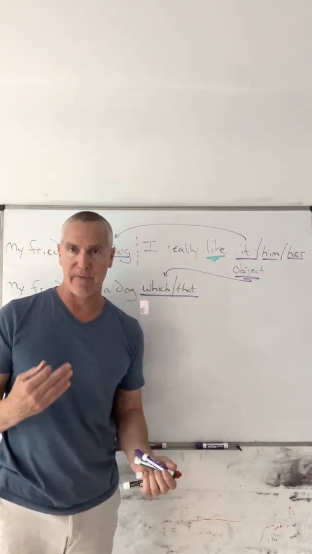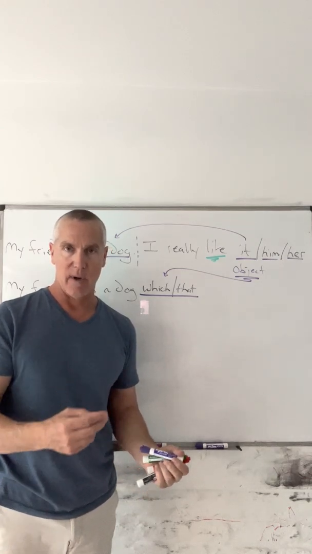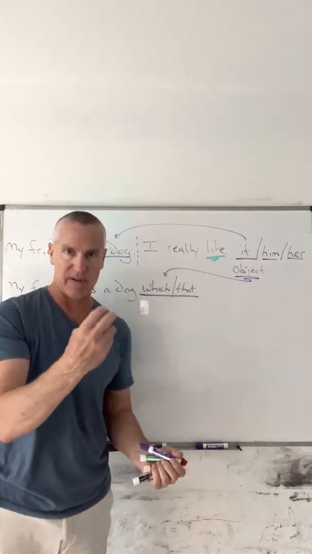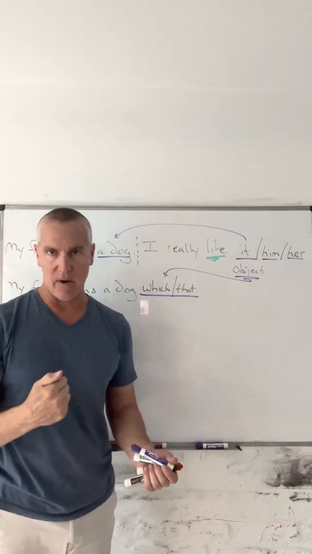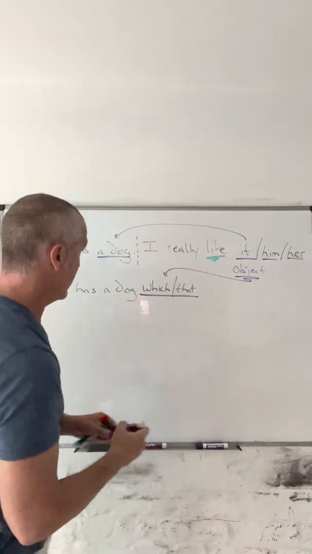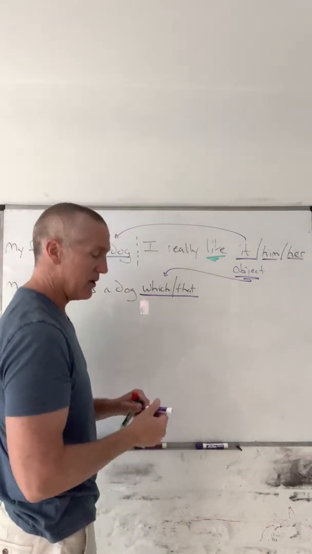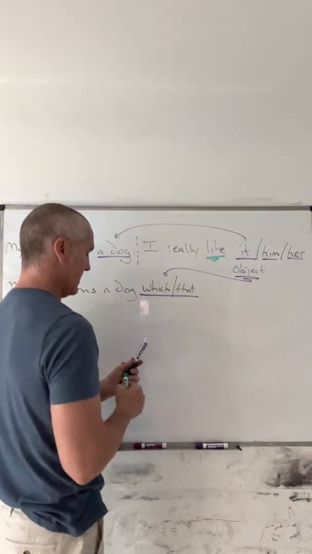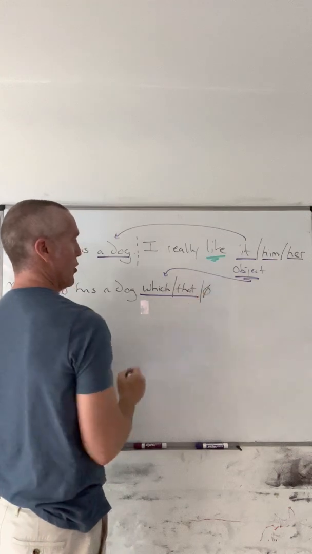When we have an object reference in the second sentence, we know we're going to get another option or two. And in this case, a dog is not a person, so we cannot use whom, but we get this extra option, and that is this: no pronoun.